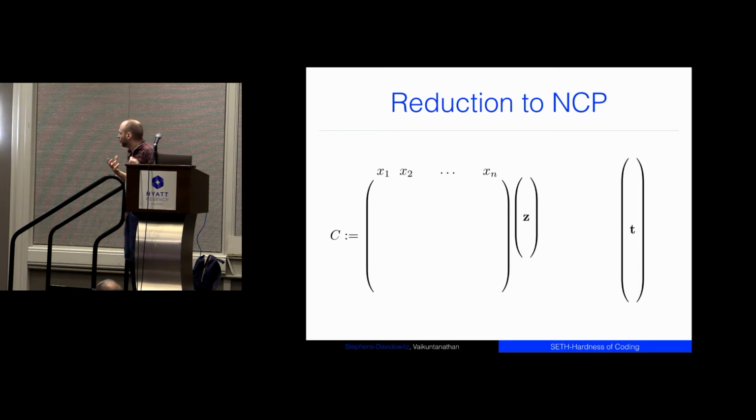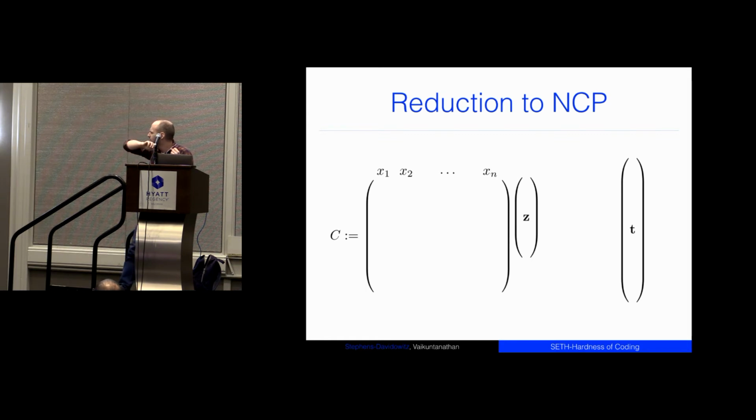So what's our reduction going to look like? Well, okay, I need to come up with some generator matrix C and some target vector t. And the generator matrix has to have n columns by definition, right? I need it to have rank n, so it has n columns. And I have n variables, so I'm going to make each column correspond to a variable.